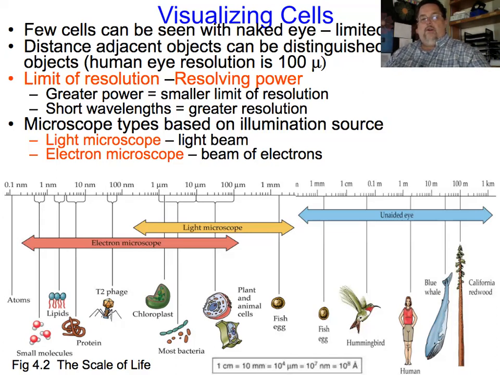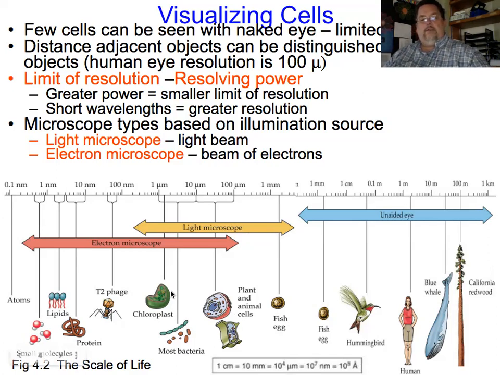And then that's where you start needing a light microscope. So if you see it kind of in the middle, fish eggs are kind of that bottom of our ability to see a cell. And then we need a light microscope to really begin to see the organelles, like a nucleus of a cell and all the other types of organelles.